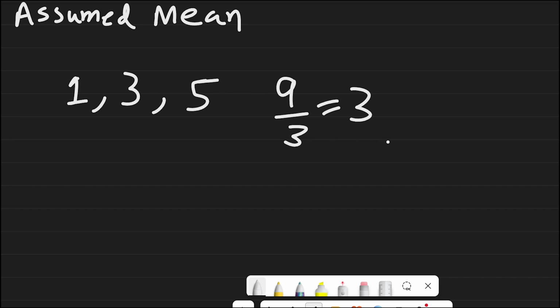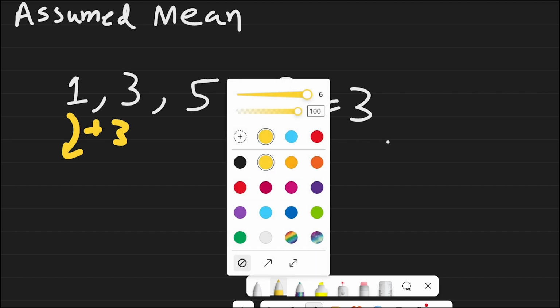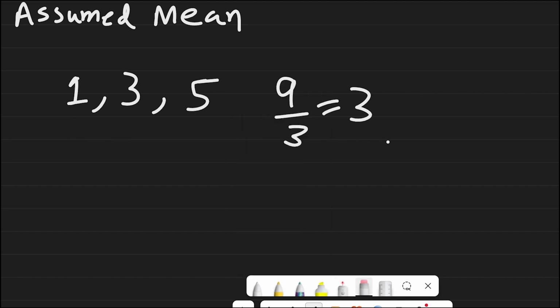Okay, what if I add 3 to all these values? What will then happen? We will have 4, 6, and 5 plus 3 is 8. Now what would be the mean?